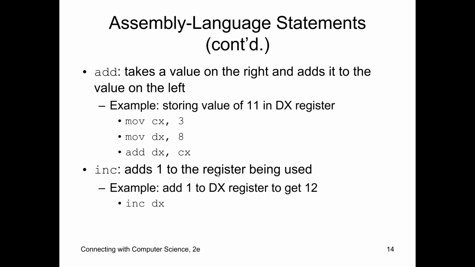So again, with all of these, you have to tell it very specifically where to put it, how to add it together, adding this register to this register, and that's important. If you swapped this and added CX to DX, you'd still get 11 in CX, but if you incremented DX, you'd only get 9, because remember, it's adding the right to the left.